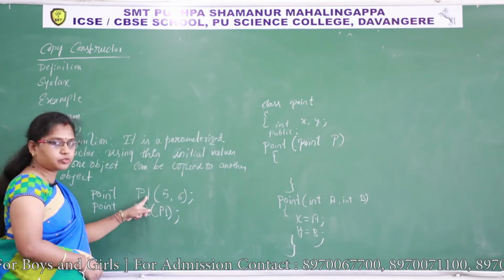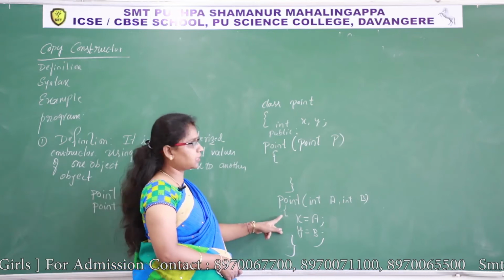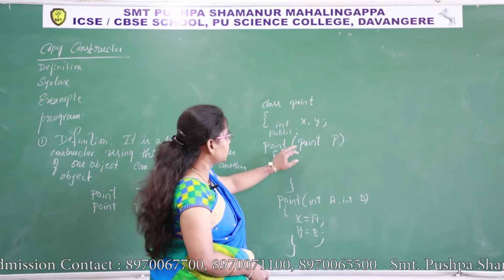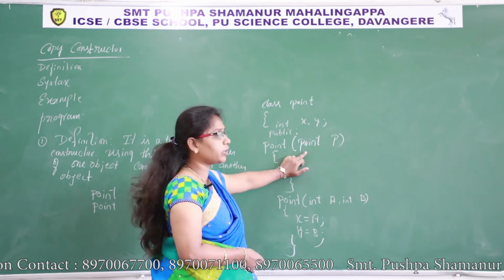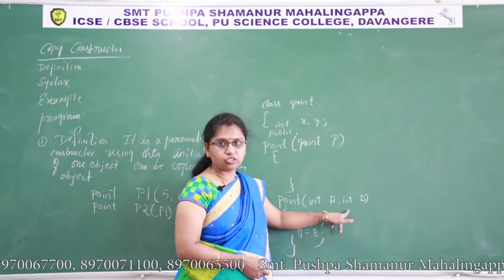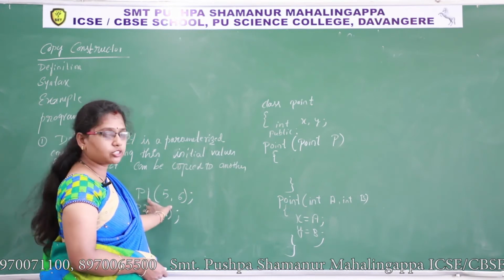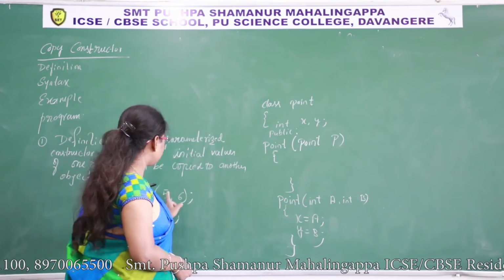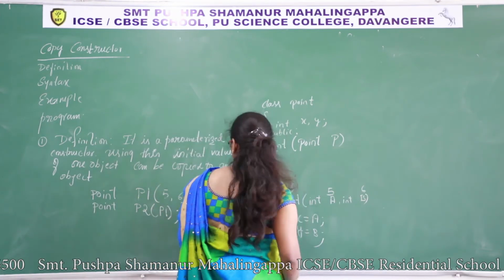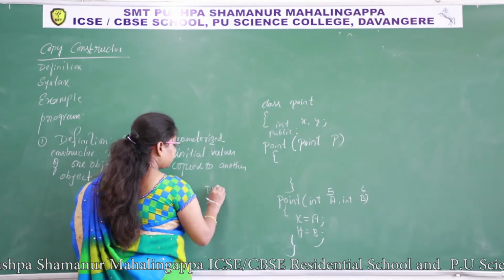When you create this object, which constructor will execute among these two? There are two constructors in the class. One is this one, another is this constructor. So it's having one argument, that is Point type, and this constructor having two arguments, that is two integers. So where is the matching constructor for this invocation? This is the matching constructor. So 5 goes to A and 6 goes to B. Now when you create object P1, what happens?